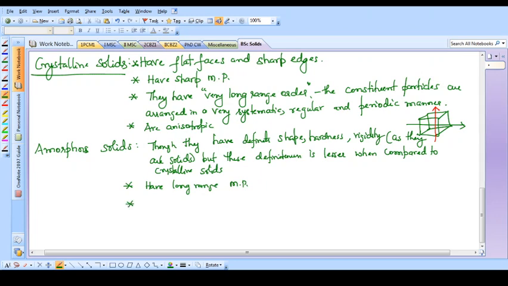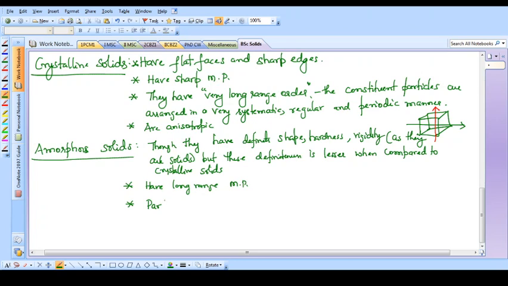Okay, and since they are solids, the particles are arranged in a systematic manner and in a periodic manner, but the order of arrangement is not a long range order, it is a short range order. So that is the important difference between an amorphous solid and a crystalline solid.